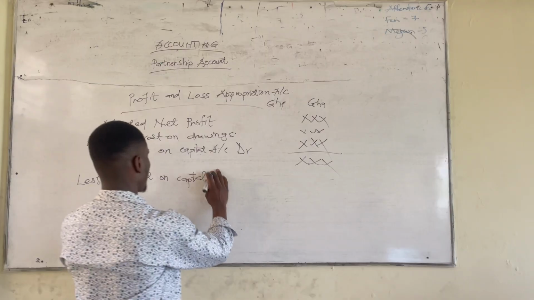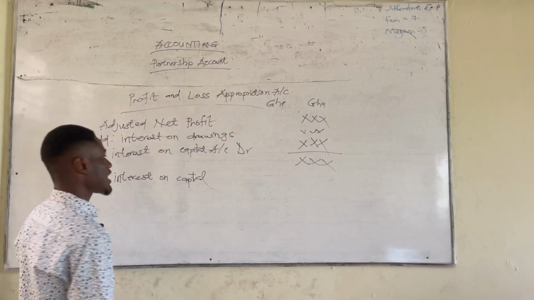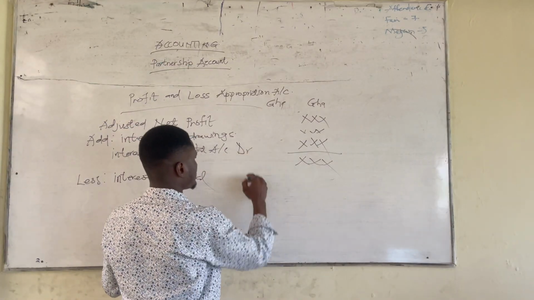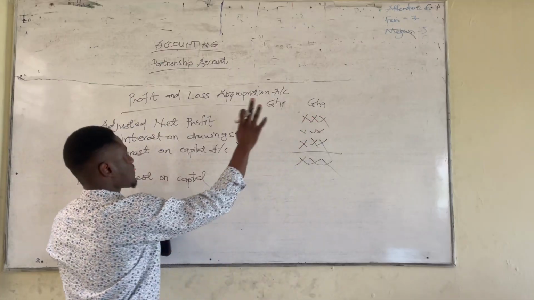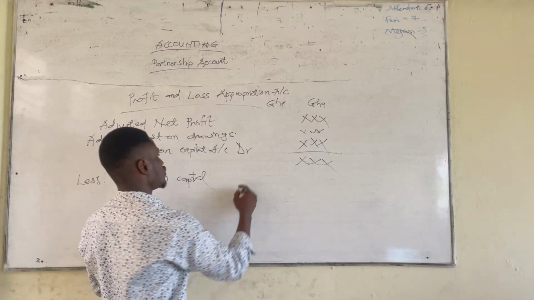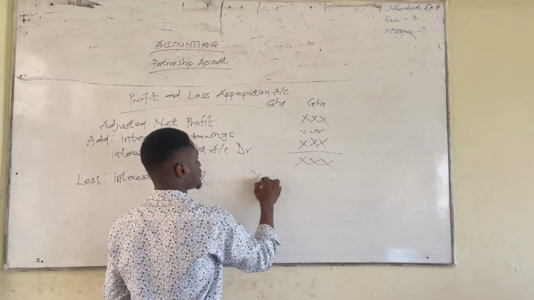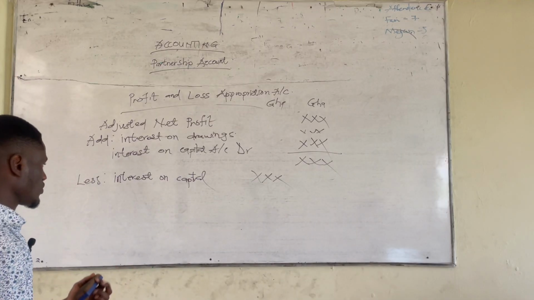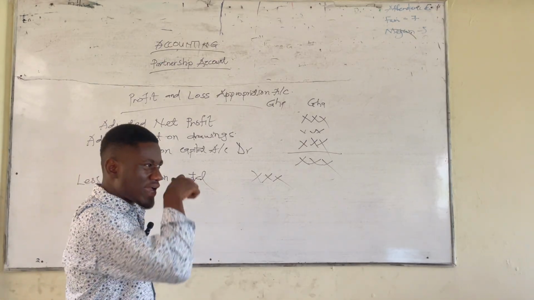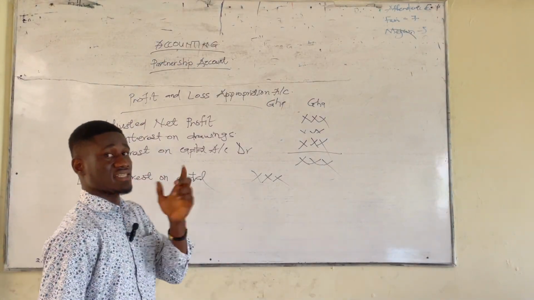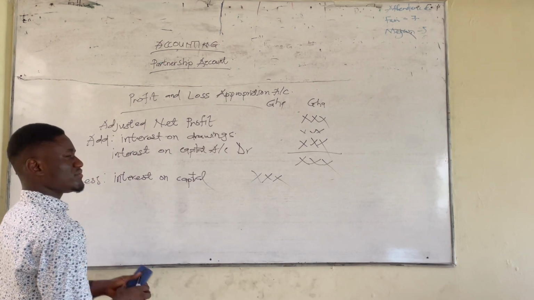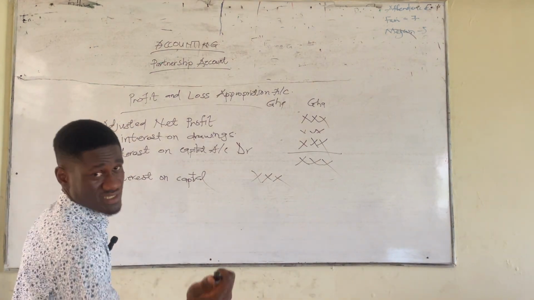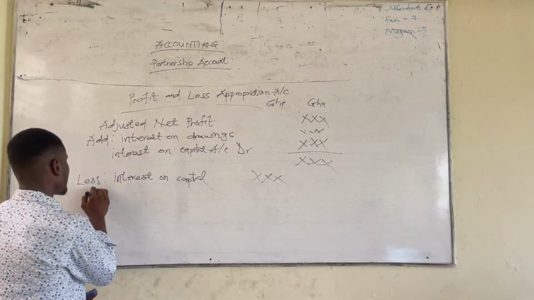Good. So if we introduced any capital, the interest on the capital is going to be less from the net profit. Okay. So let's say we have an interest. We'll write it here. Good. We'll also check if there is any partner to receive a salary. So if a partner A or partner B, either of them, let's say partner A, is to receive a salary.